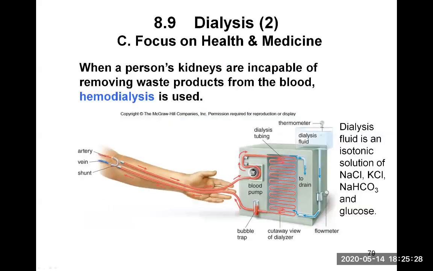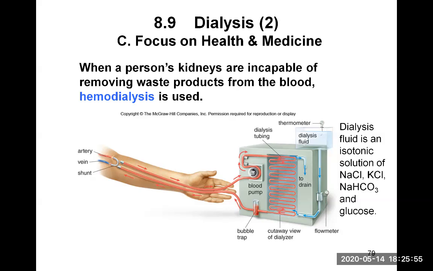When a person's kidneys are incapable of removing waste products from the blood, hemodialysis is used. Persons who have to go through hemodialysis go to the hospital 2 or 3 times per week to have their blood filtered. There are machines for that.